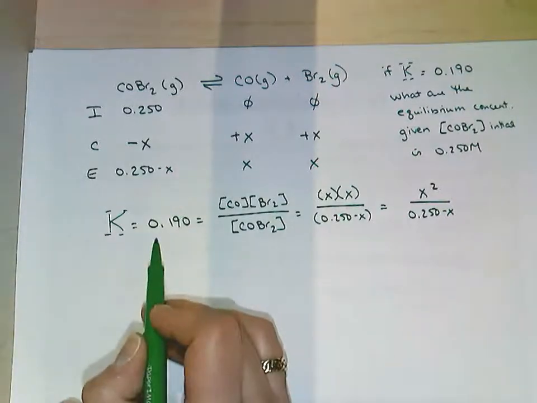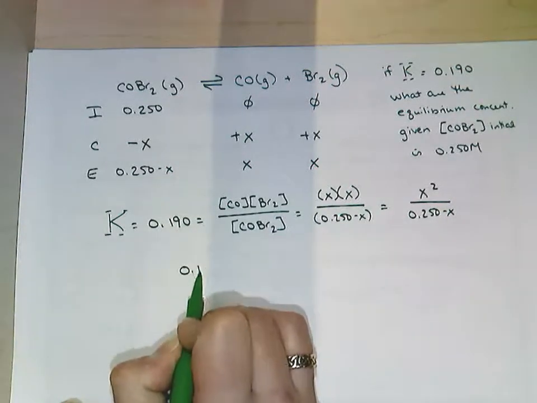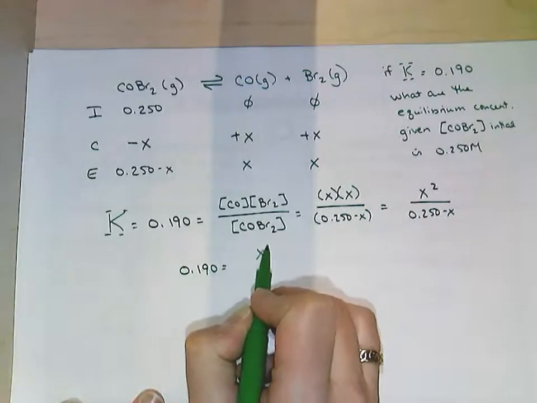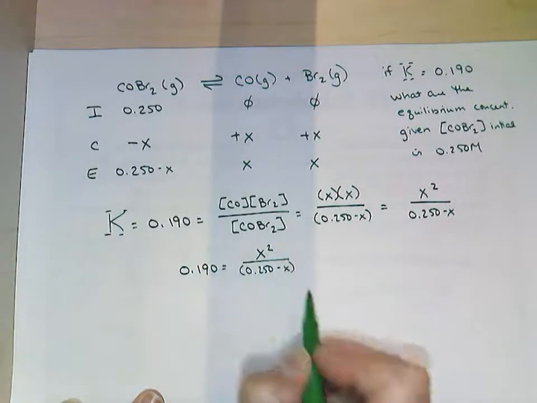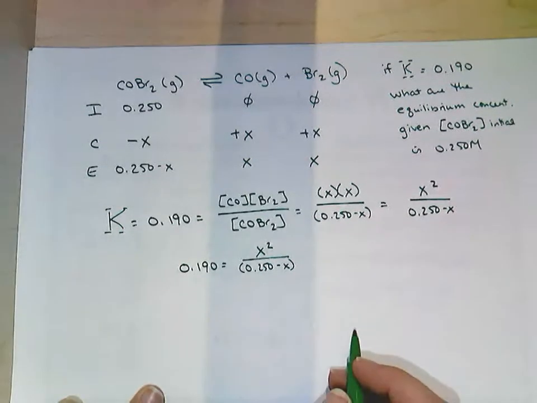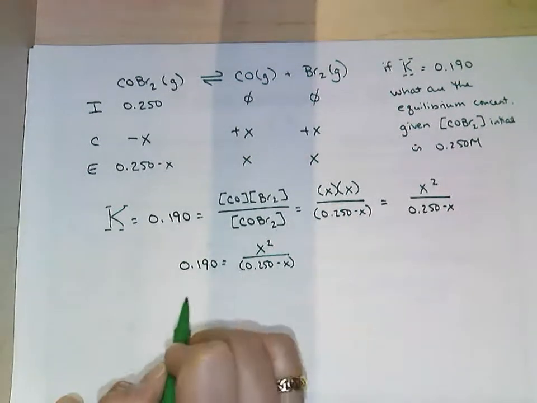So let's start to simplify that. We have 0.190 equals x squared over 0.25 minus x. First step is to get this out of the denominator.